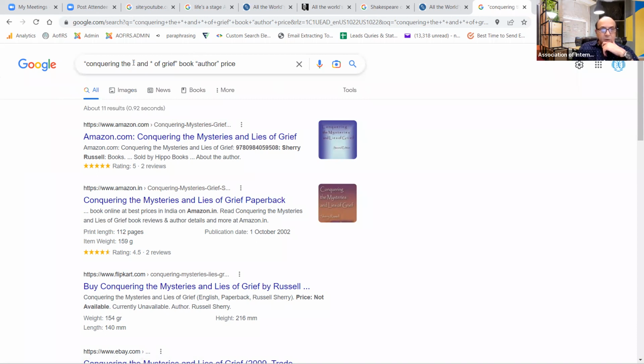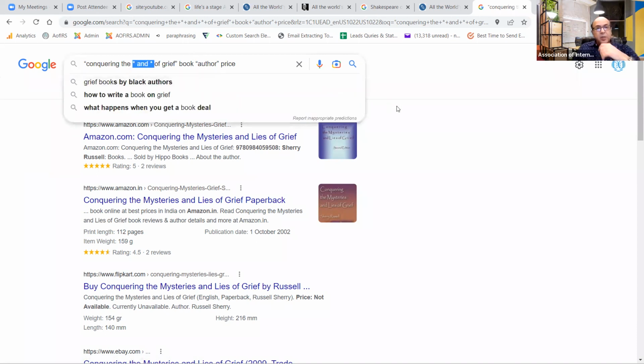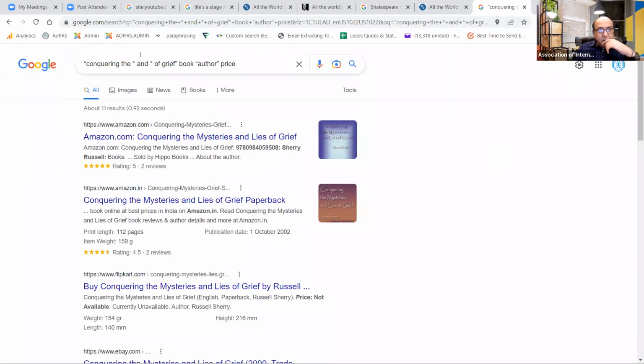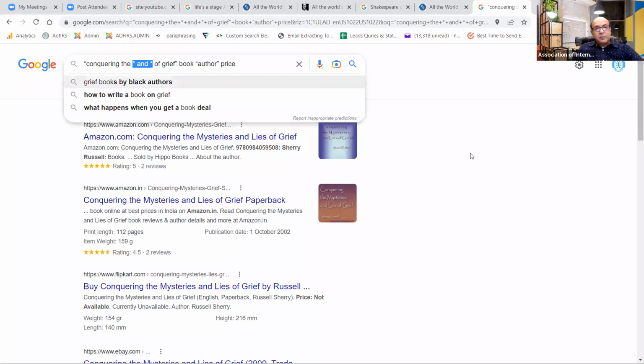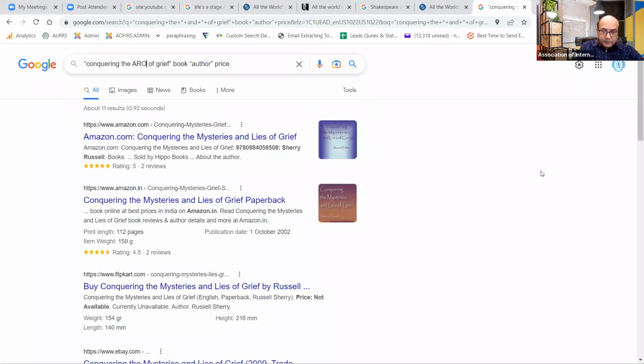Other than this, what I would like to replace it with is, let's say, how many words between "the" and "of grief"? Where is it? One, two, three. Three words. So let's suppose instead I just put "around" and I put five words, restricted to five words. What is it going to do?